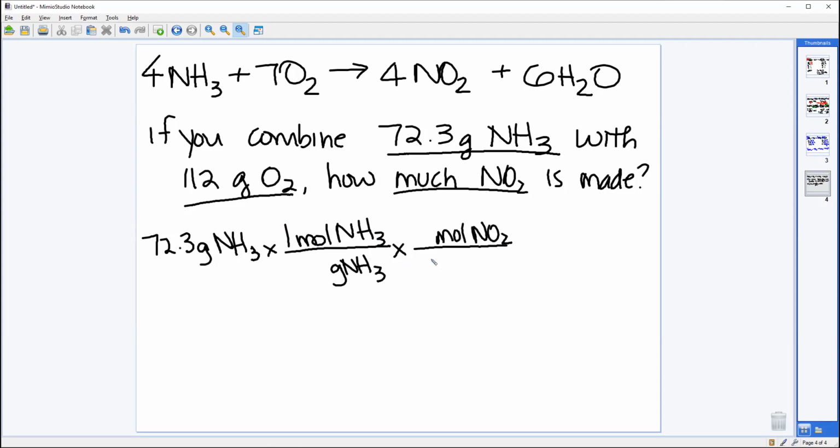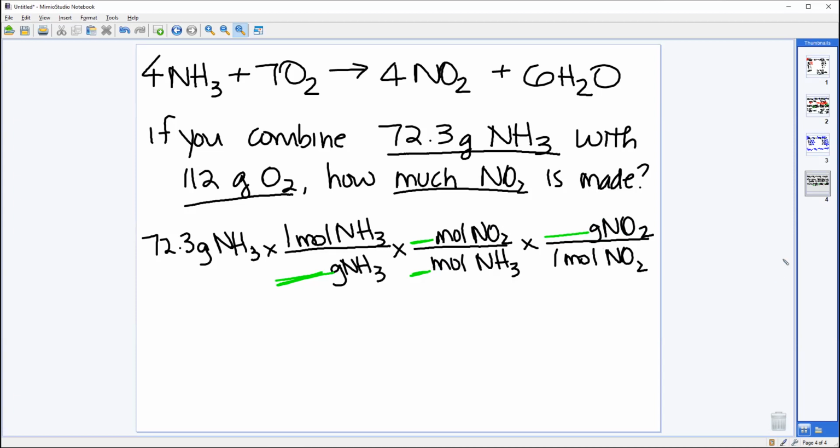I need to cancel out moles of NH3, so that goes at the bottom. And then again, I need to cancel out moles of NO2 here, and I'm going to get my molar mass here. So what I need to do now is I need to figure out my molar mass of NH3, go to my balanced equation and get my mole to mole ratio, and then get my molar mass of NO2.